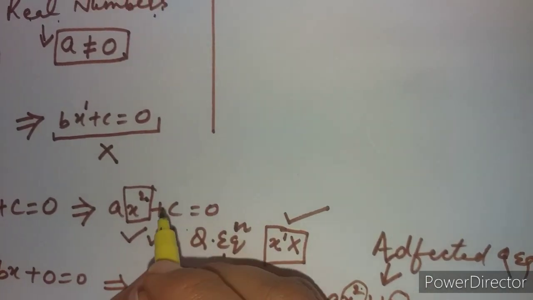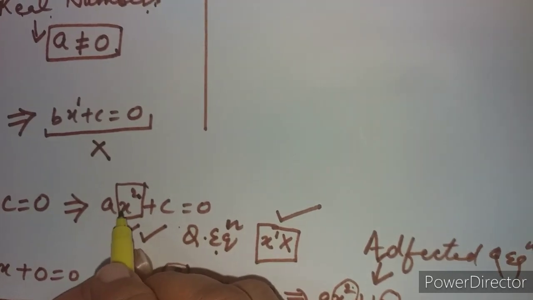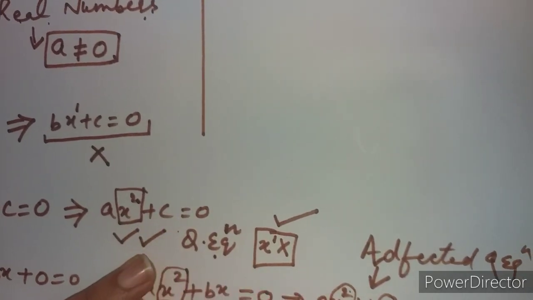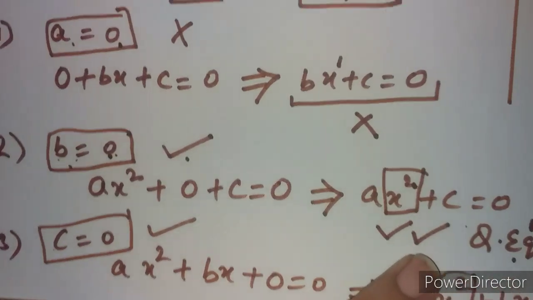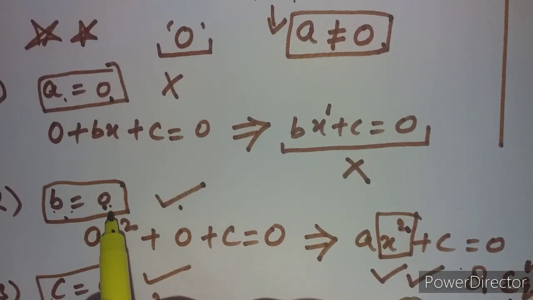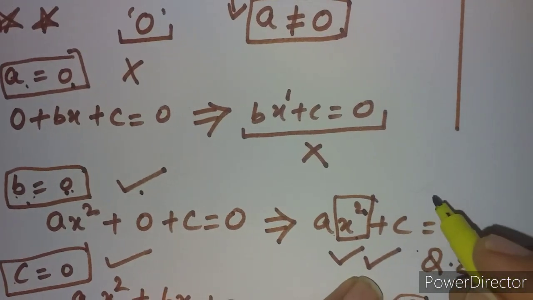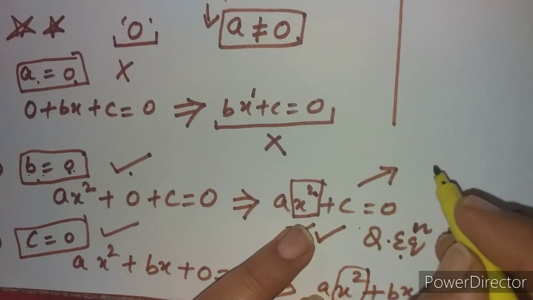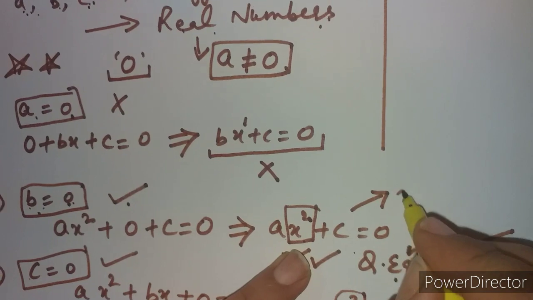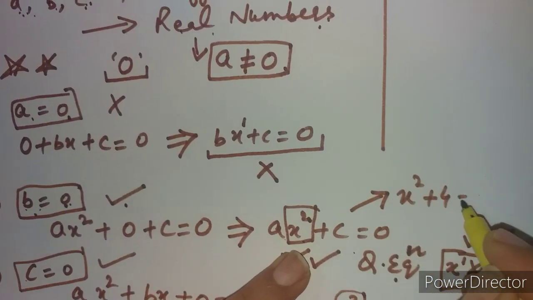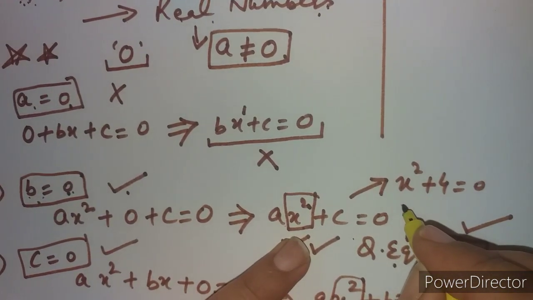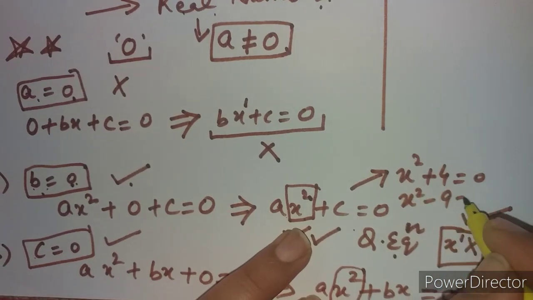And I would tell you one more point here. Here we have got ax square plus c. What was this case in which b is equal to 0? This was a case in which b equal to 0, means it will be like this: ax square plus c equal to 0. So let me take one example. I can write it as x square plus 4 equal to 0, or I can write it as x square minus 9 equal to 0.